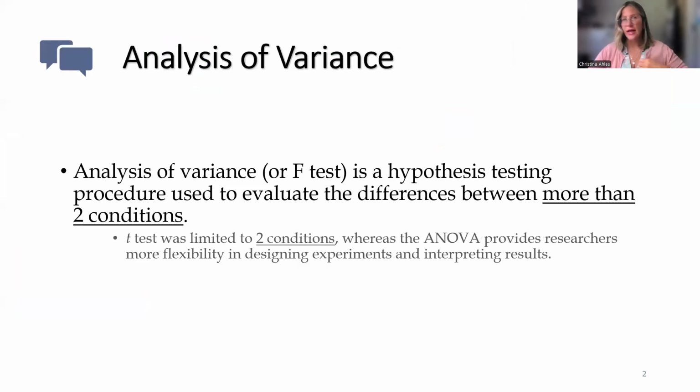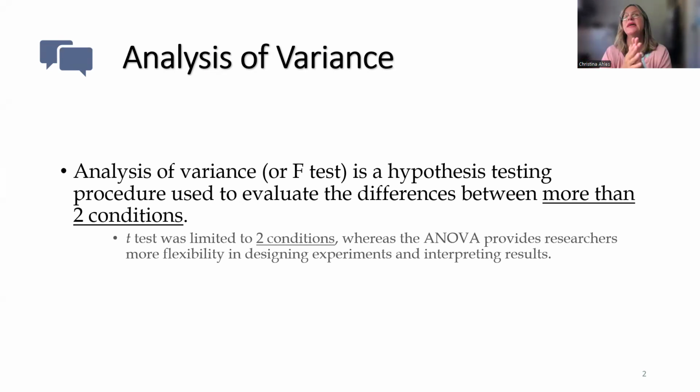So, analysis of variance, or the F test, also known as the F ratio, tests the differences between more than two conditions. You can actually test two conditions with analysis of variance, but typically we see it when we have more than two conditions. The t-test, which you just learned, was limited to two conditions. With the independent t-test, you had two independent conditions.